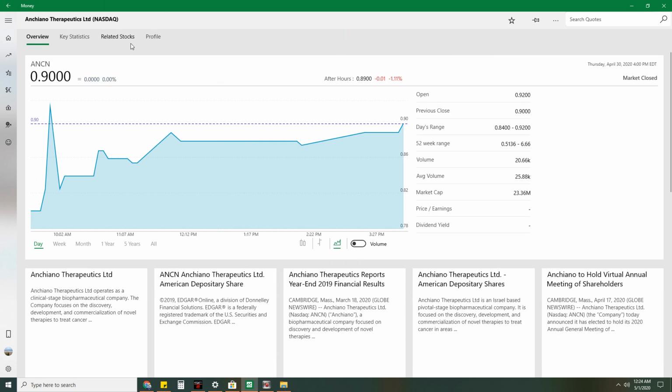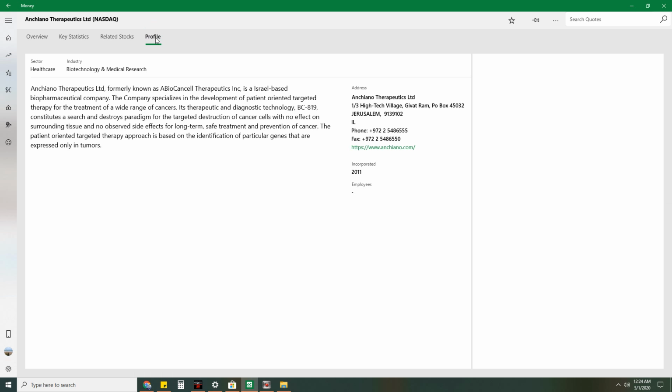Let's make this app a little bit bigger, so you can see more detailed information in this graph. Like I said, I like how detailed everything is and how easy it is to look at this information. We're going to go back to the graph in about a minute, but let's go to the profile section, because this shows you a lot of information about this company.